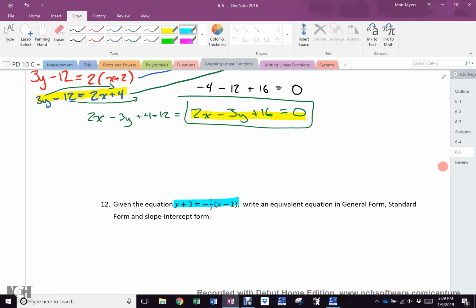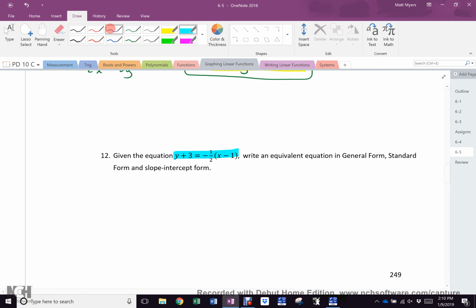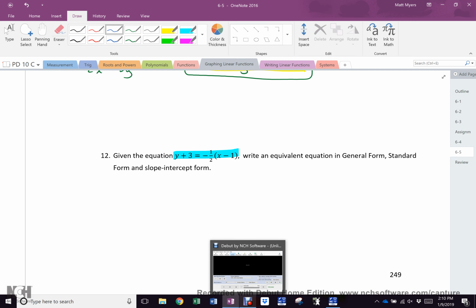General form automatically gives you standard form, and it's easy to get into slope-intercept form, since all I have to do is isolate y. So I always go to general or standard first, but you needn't. You can go to whichever one you want. I, of course, will be writing it out here step by step, and it will be recorded.